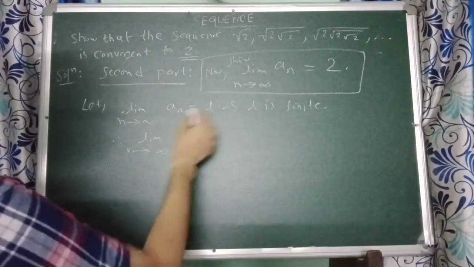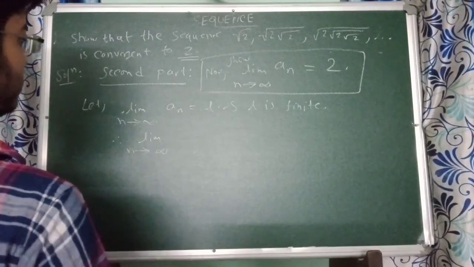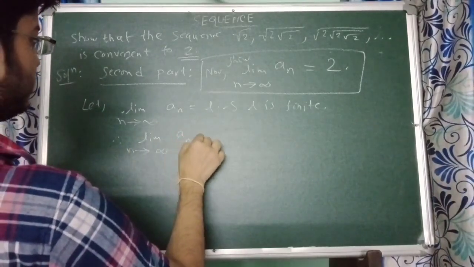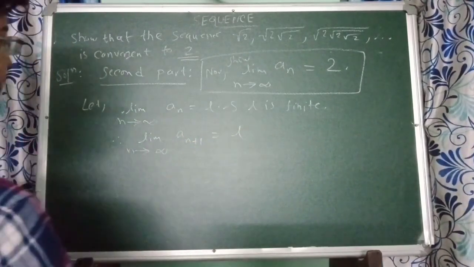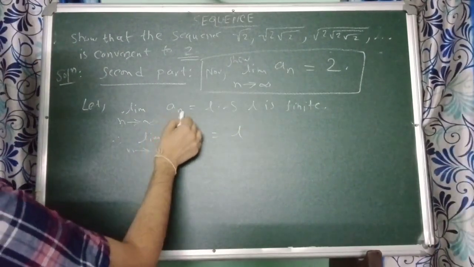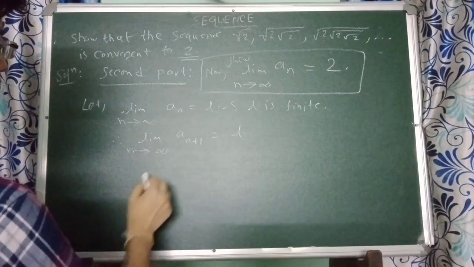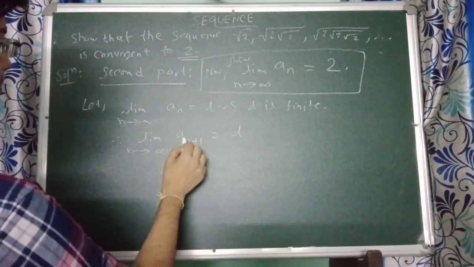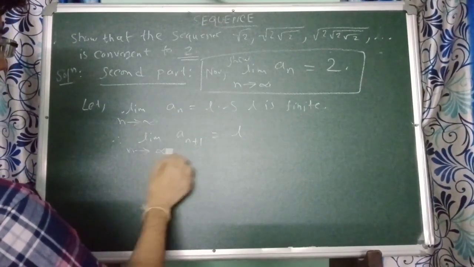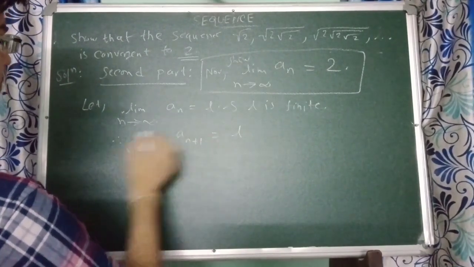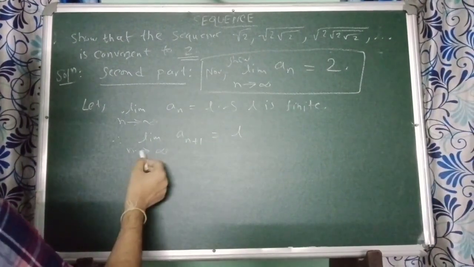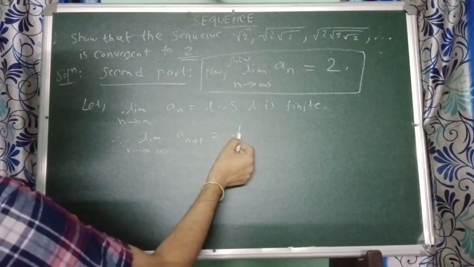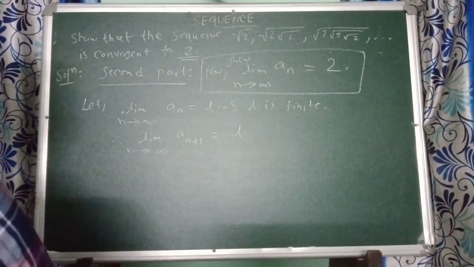Now since it is convergent, as n becomes infinity, a_{n+1} also tends to l. When we replace n by n plus 1, the value becomes the same, that is limit n tending to infinity a_{n+1} is also convergent to l.